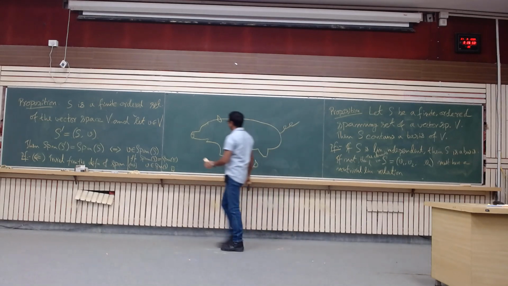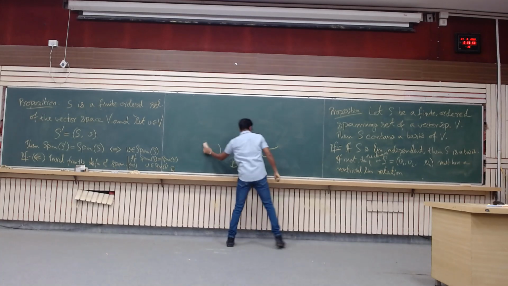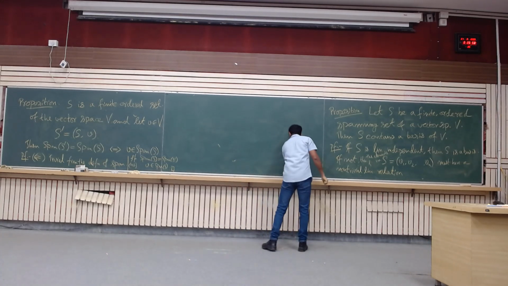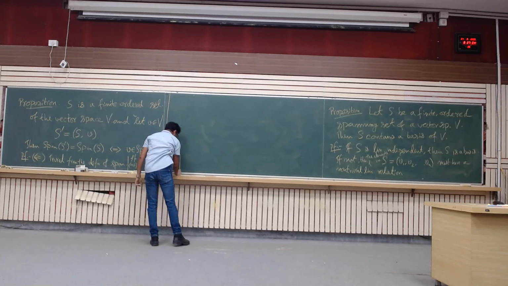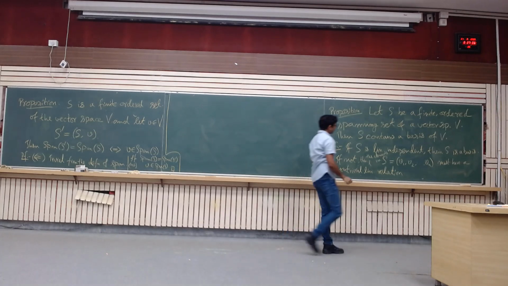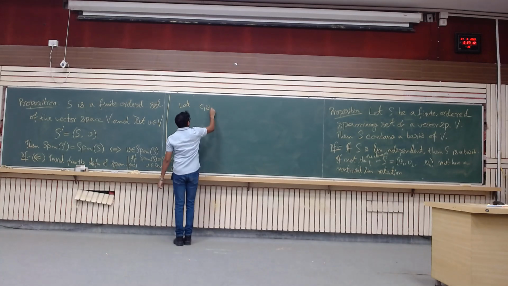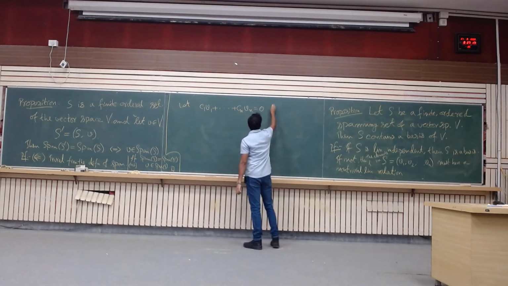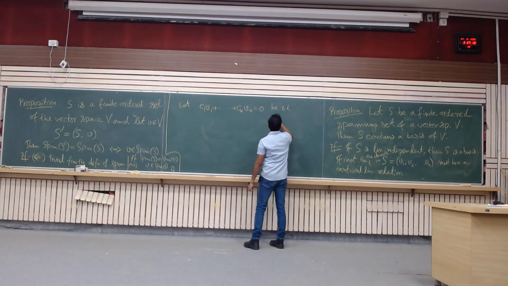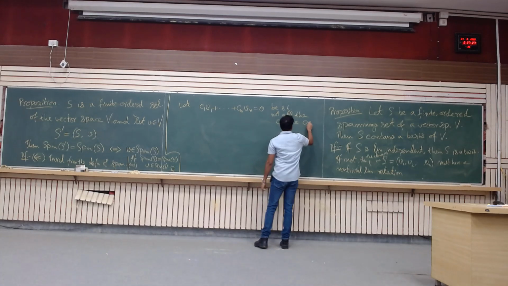So, we need the middle board. Okay. So, let C1 V1 plus dot Cn Vn equal to 0 be such that not all the Ci's are 0.